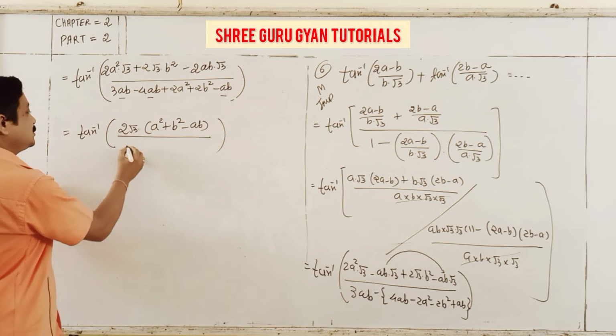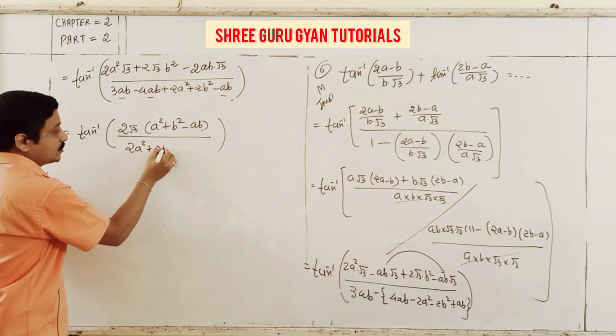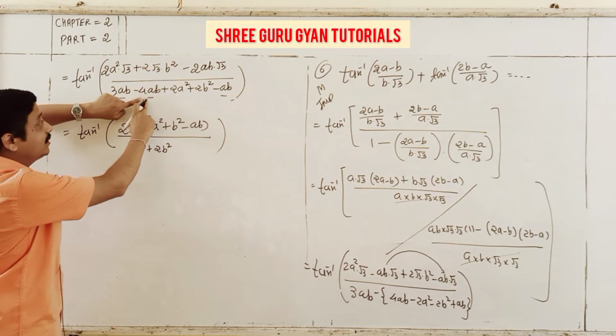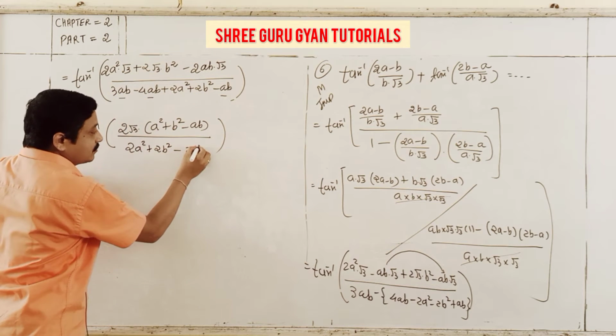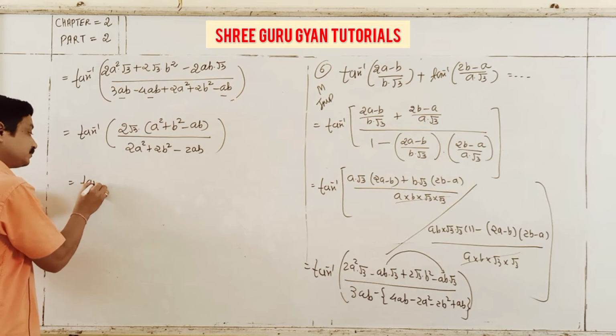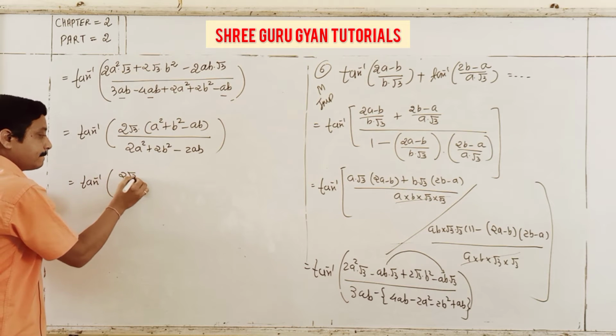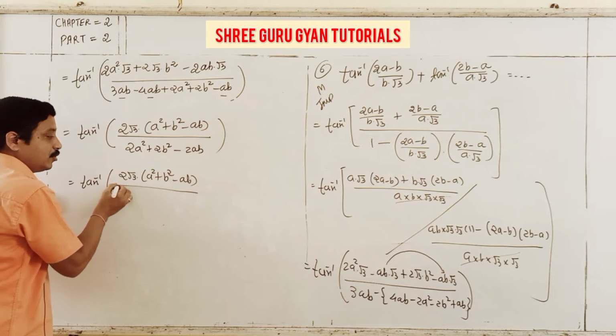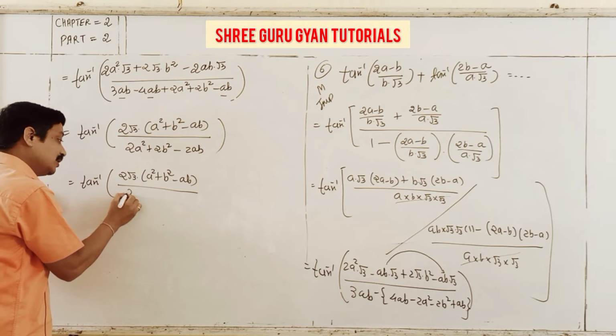Indirectly your like terms are 2a square, 2b square, and these are 3 minus 4 minus 1, and minus 1 means minus 2ab. Again you take the common factor 2 root 3, a square plus b square minus ab, upon, here I take common only 2.